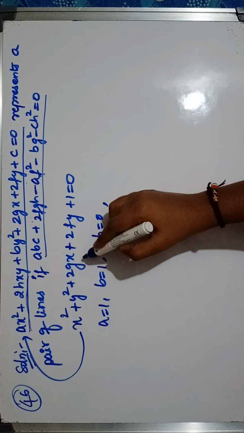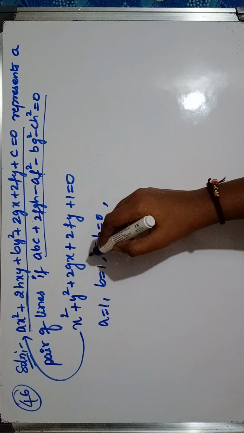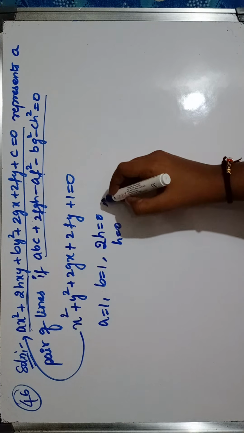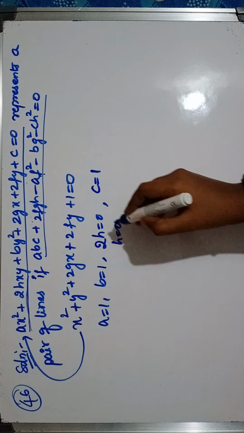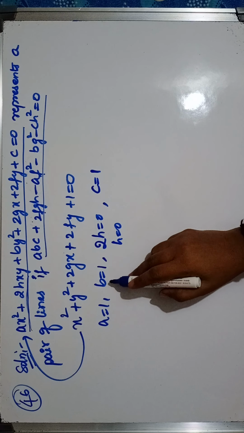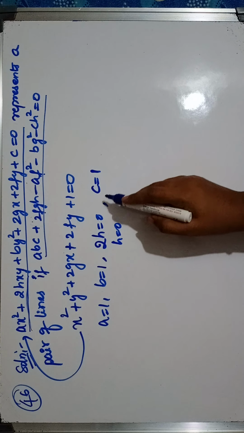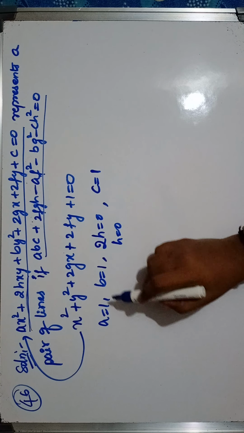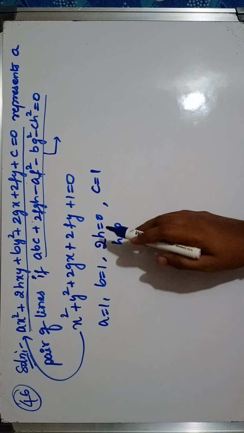We have 2g and 2f the same, and c is equal to 1. Therefore a is 1, b is 1, h is 0, and c is equal to 1. Now we have to check for this condition, then we get the required answer.